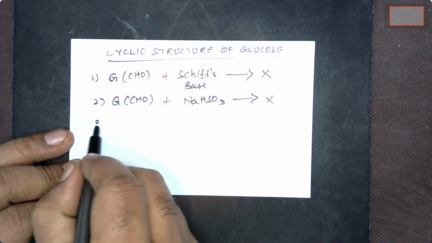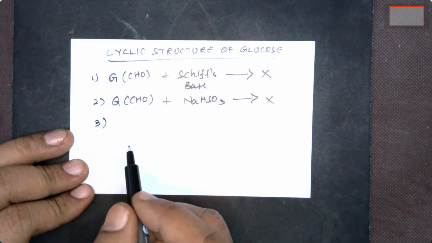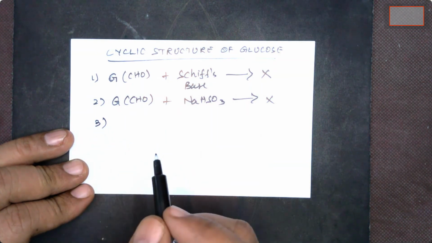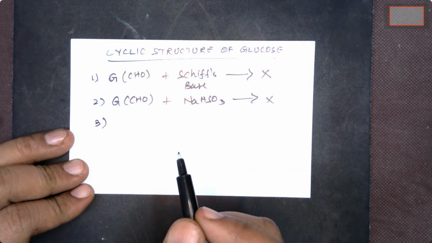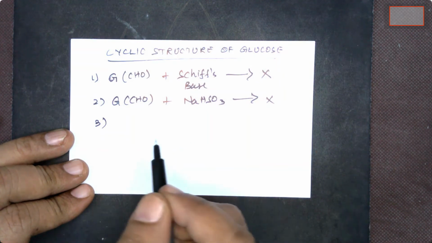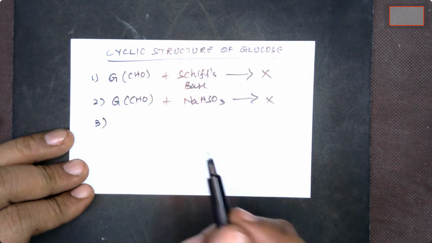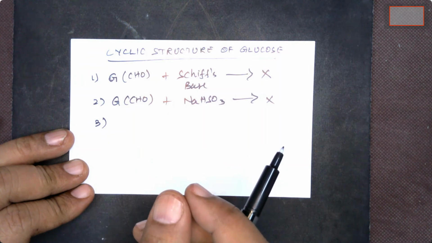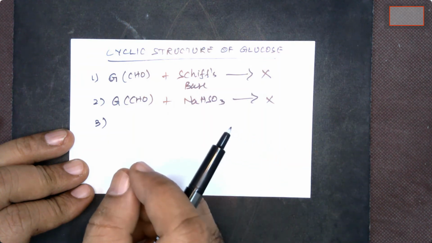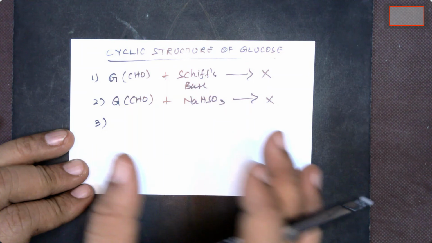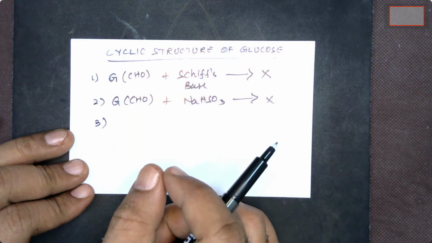Next one, the pentaacetate of glucose does not react with hydroxylamine, indicating the absence of a free CHO group.